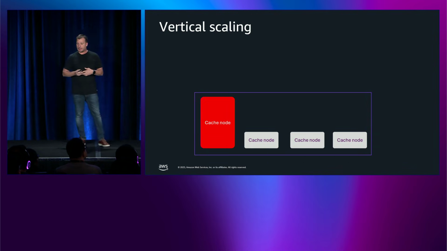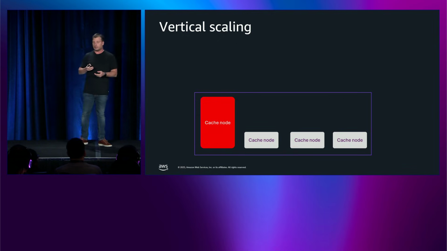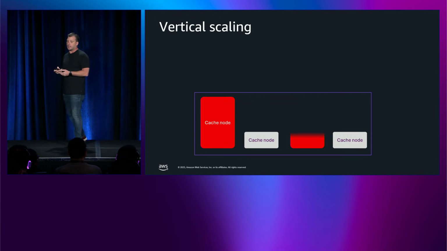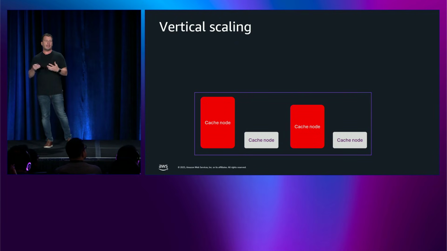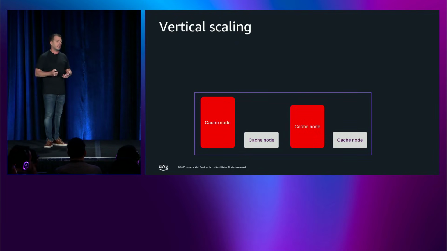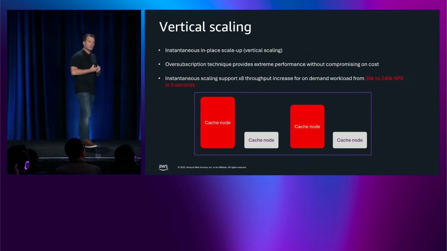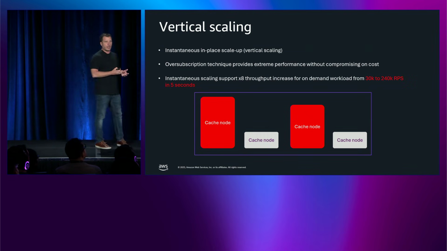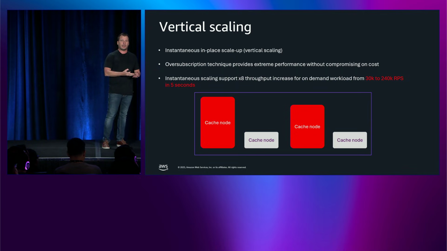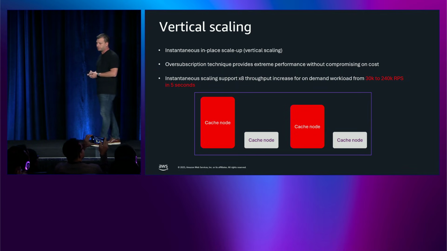It allows us to scale up very quickly and use more of the cores and memory that we have on the physical host. Actually, we can support 8 times more throughput on demand once they kick into the serverless endpoint.